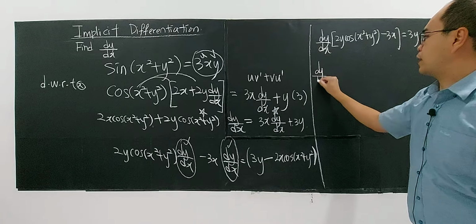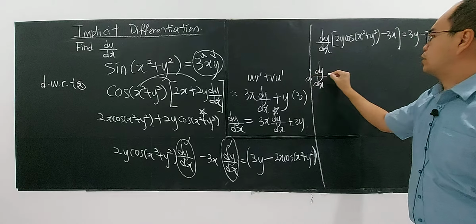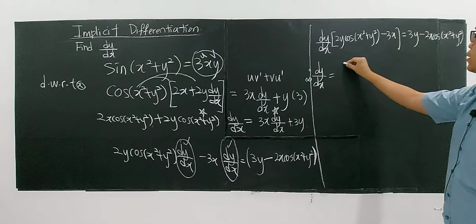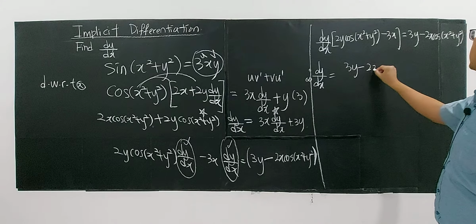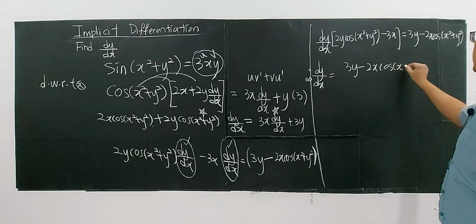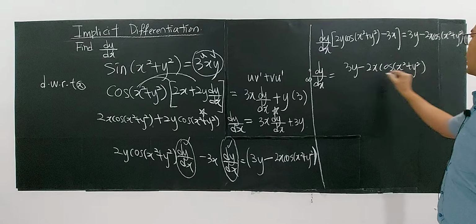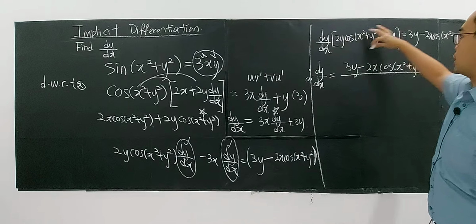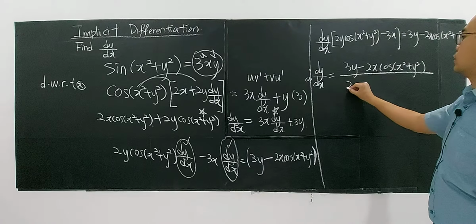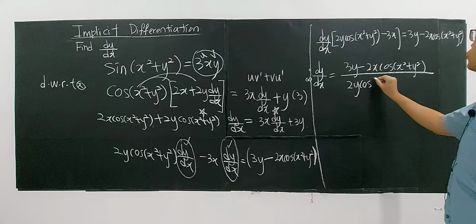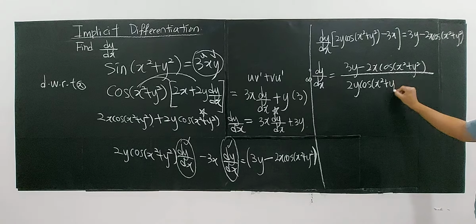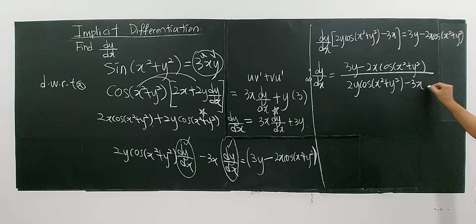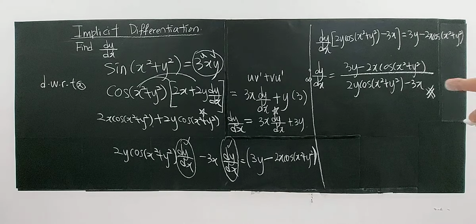Now you can state your dy/dx as you take everything here, 3y minus 2x cos(x^2 + y^2) divided by this one, right? It's a product between dy/dx and this whole thing. So bring over there, you divide, so it becomes 2y cos(x^2 + y^2) minus 3x, and this will be your answer, the dy/dx for this implicit differentiation here.